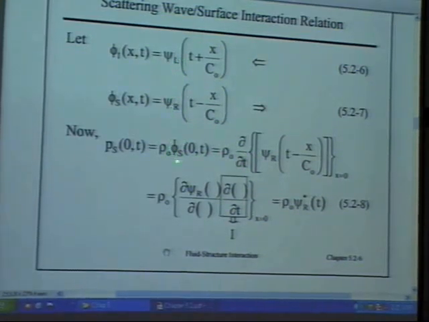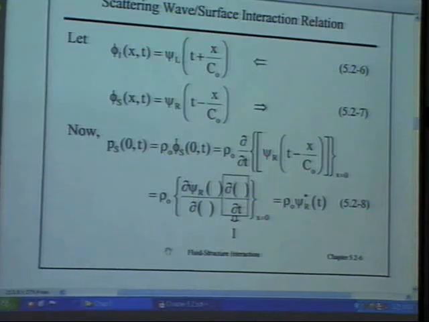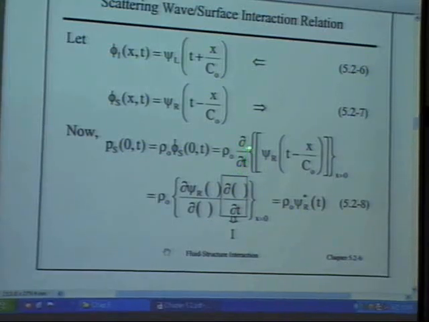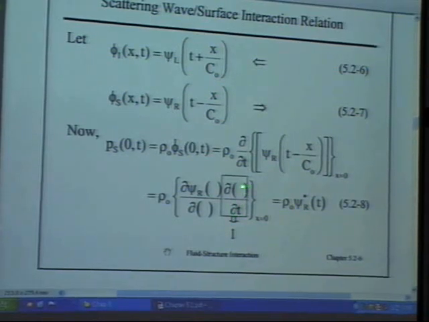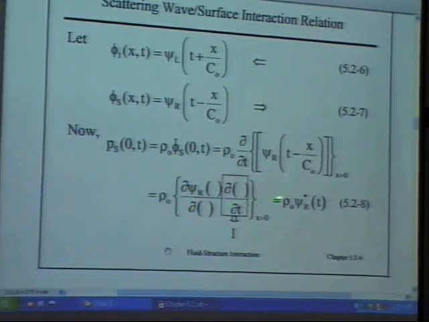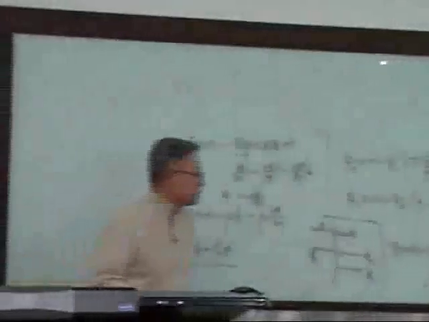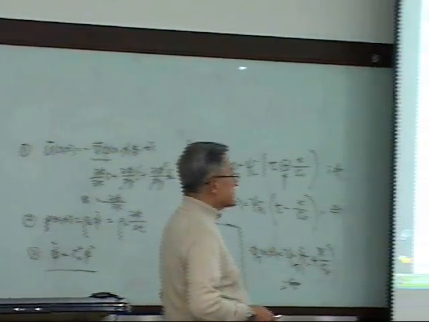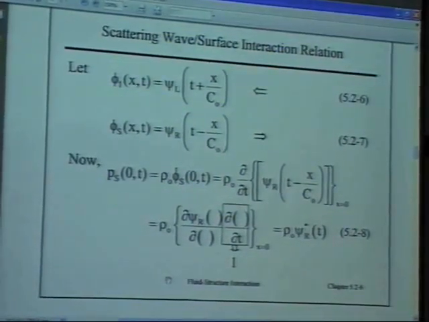Then this function is right. Scattering is to the right of this. Then you just do the partial differentiations here. This is 1, right? Differentiation with respect to time t. And this one I call psi r star. So from here we can tell psi r star is equal to P s divided by rho naught.